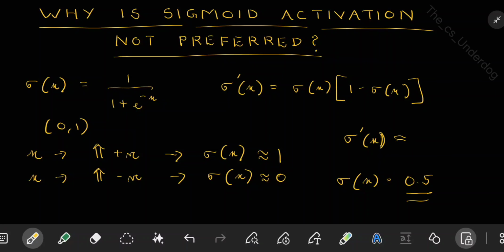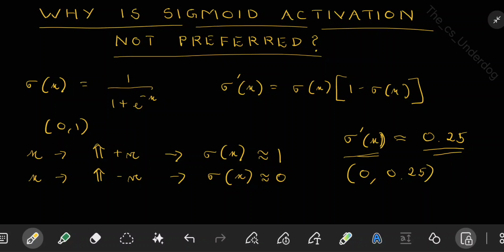And what is this maximum value? If sigmoid is 0.5, then sigma dash will be 0.5 into 0.5. What is this value? It will be 0.25. This is an important point for this particular lecture. The maximum value the derivative of sigmoid can take is 0.25, which also means the value of the derivative will always stay between 0 and 0.25. Okay, keep this in mind.